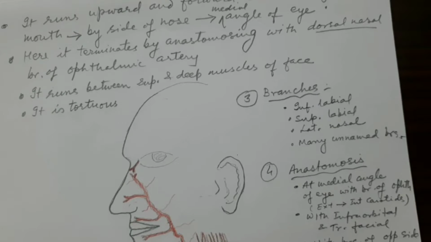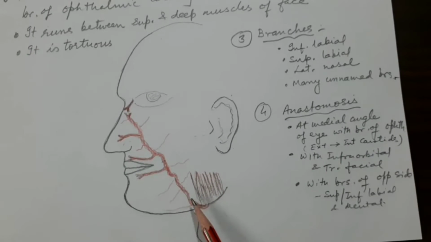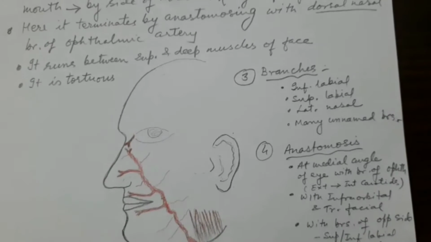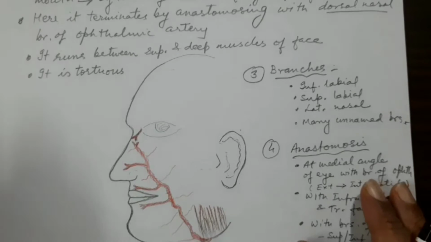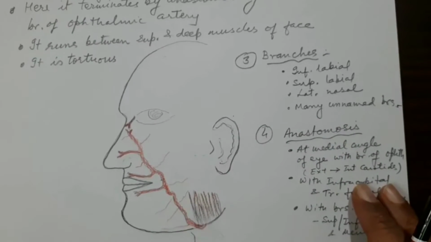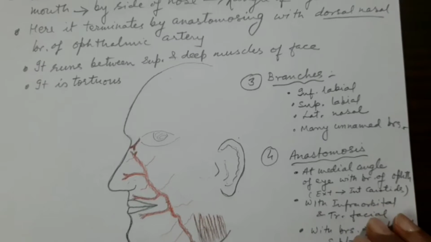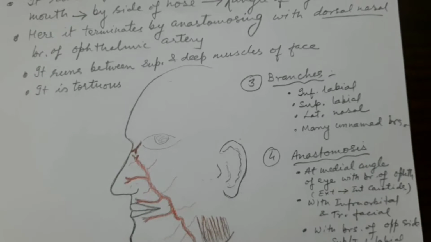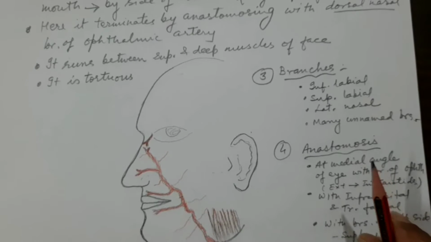Very close to this lower margin, it pierces the deep cervical fascia to lie in the superficial fascia of the face. So it lies and runs just deep to the skin, where superficial fascia is present, as there is no deep fascia. It runs between the layers of the muscle. I hope you have understood how this facial artery comes to the face.